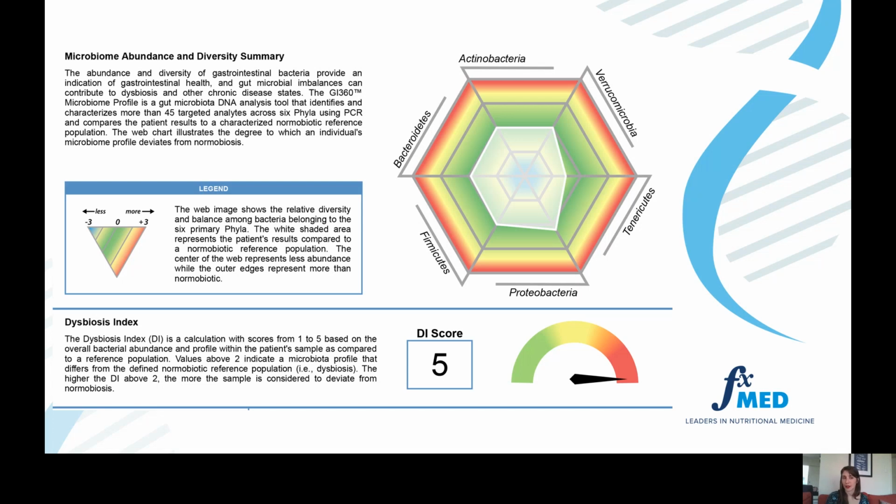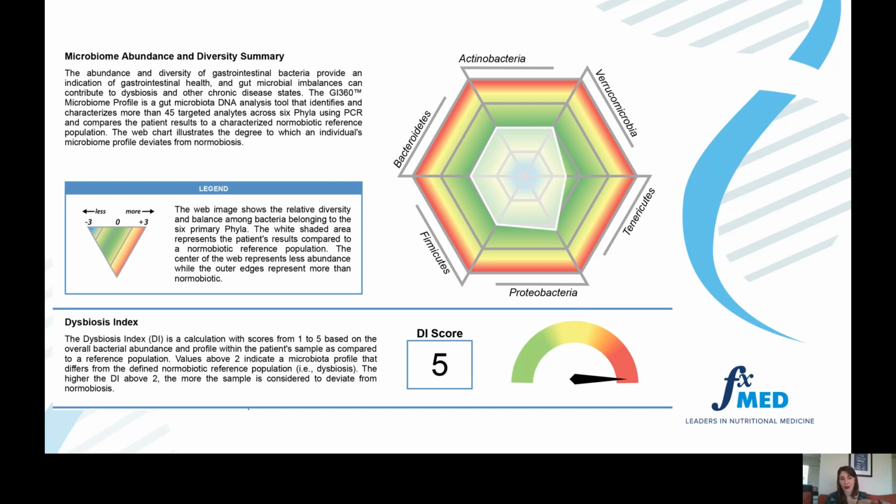We also have a dysbiosis index. Because they have made this really amazing algorithm, this really amazing information to help us understand, we might look at this graph and say, oh, that doesn't look too bad. But based on the other results and the other things in the test, they actually give us a dysbiosis index score based on the reference population.